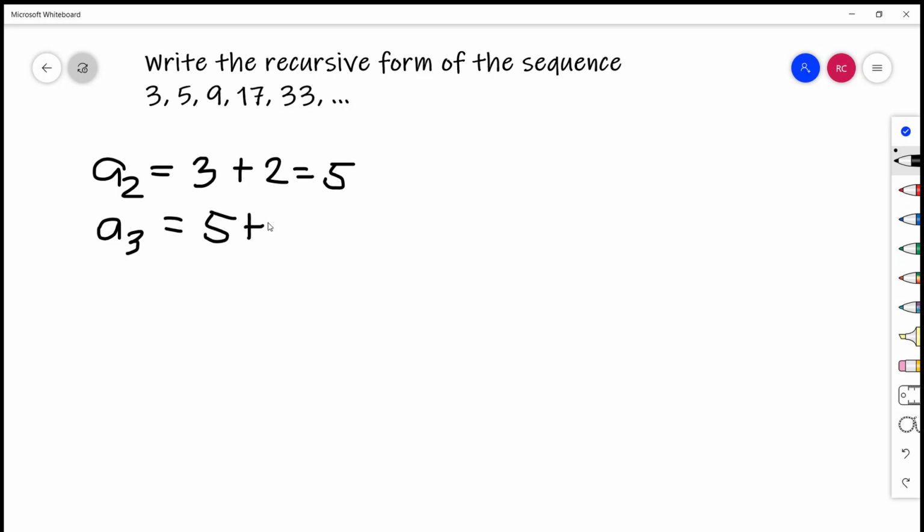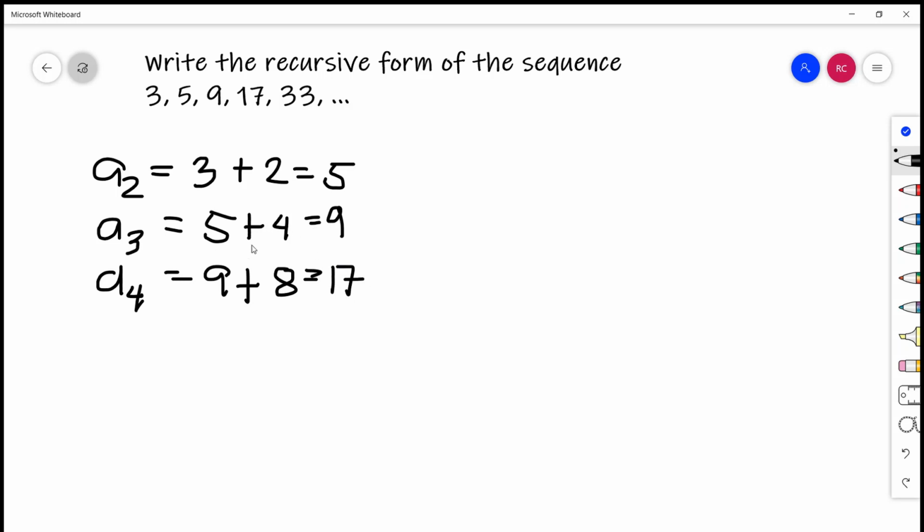Mag-a-add tayo ng 4 para magiging 9. Then, fourth term, we have 9. Mag-a-add tayo ng 8 para magiging 17.